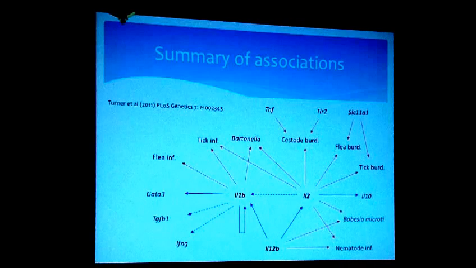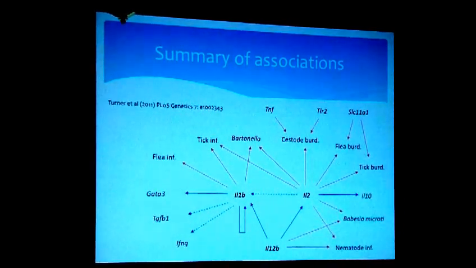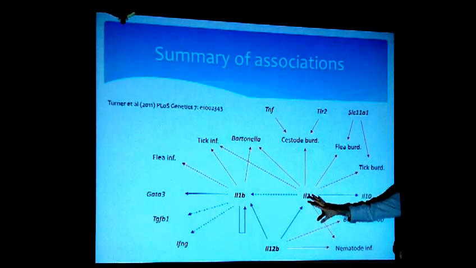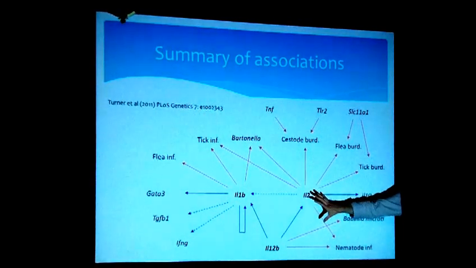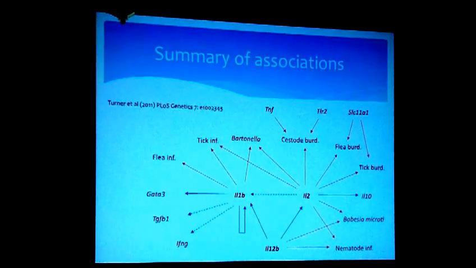So this is essentially these three genes: IL-1B, IL-2, and IL-12B. Genetic variation at these genes is associated with the blue lines here going outwards to the different immune parameters that we measured with these real-time PCR assays, and the red lines going out here are associations with these different parasite burdens.